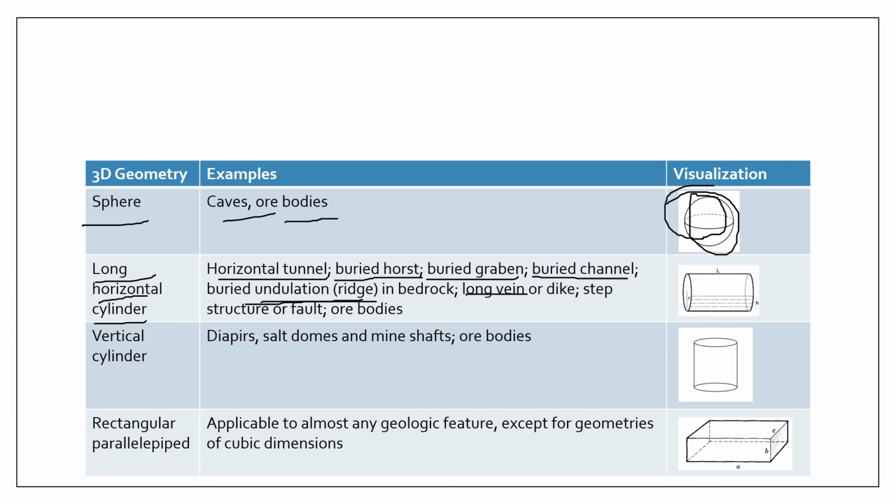It could also be a vein, or a dike, or a step structure. A vertical cylinder can be an intrusive body, a salt dome, or a mine shaft. Mine shafts are just vertical holes.